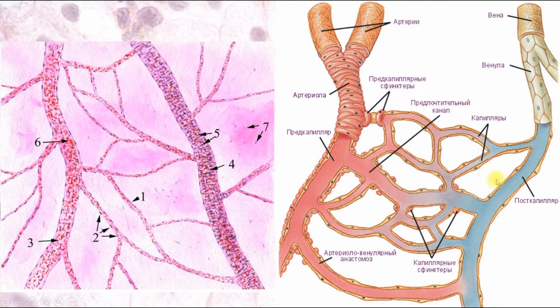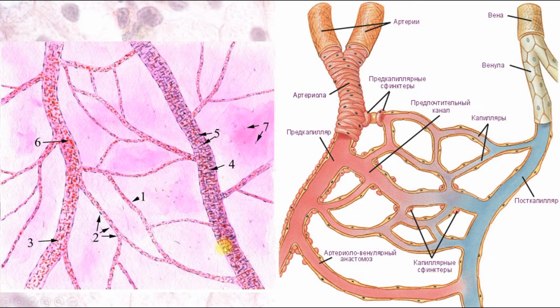Postcapillaries and venules are very close in their structure to the capillaries. They have almost the same structure, but the main difference is the diameter. Capillaries are small in diameter; venules and postcapillaries are bigger than capillaries.